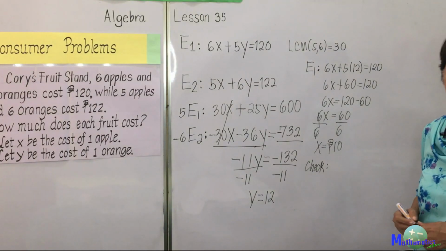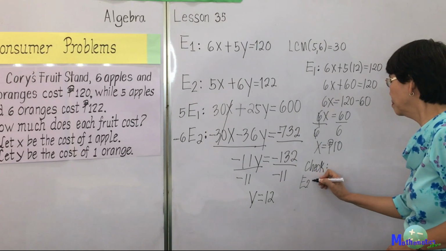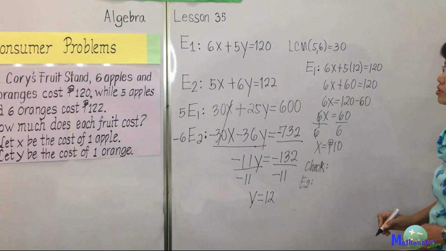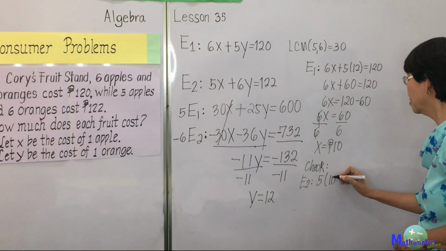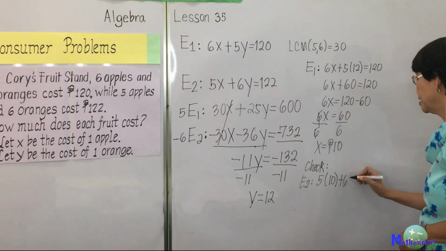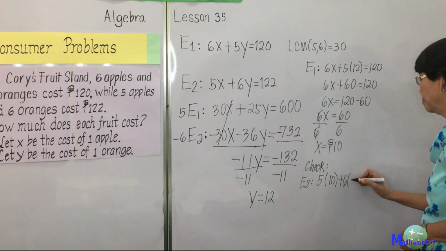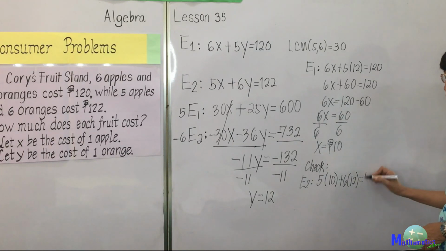Let's use equation 2. Equation 2, we have 5 times x plus 6 times y equals 122.